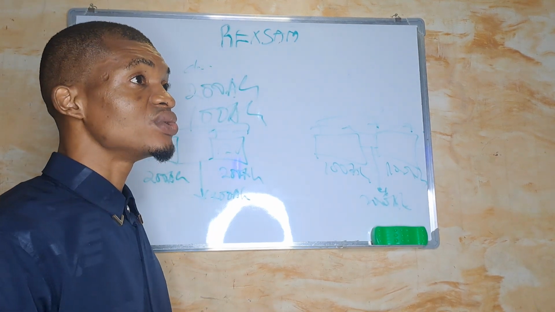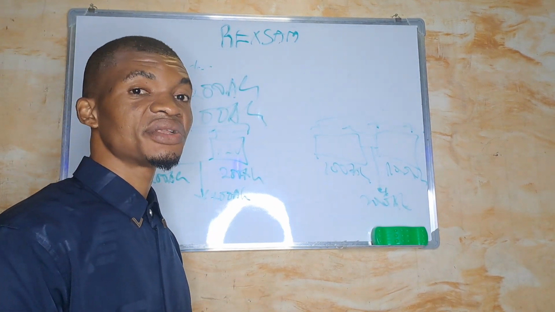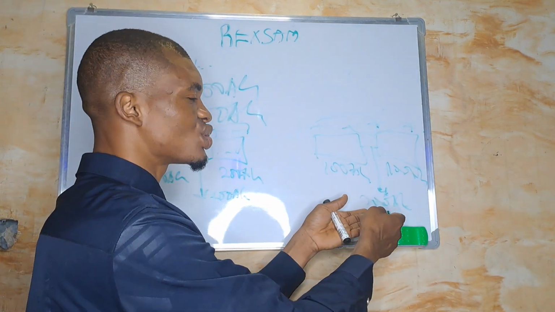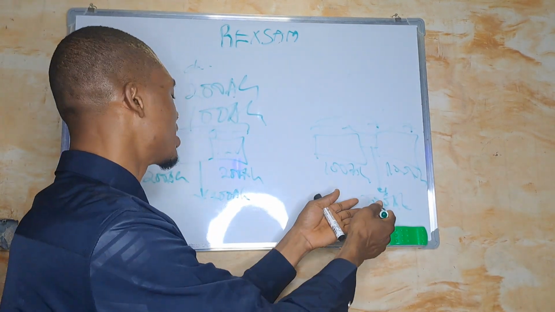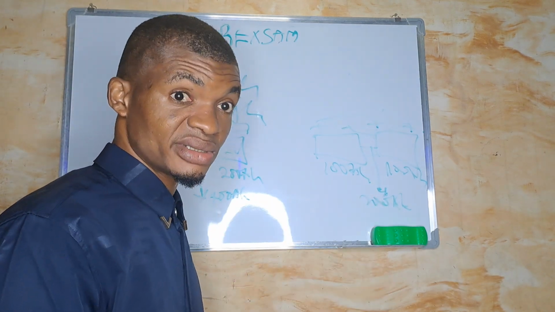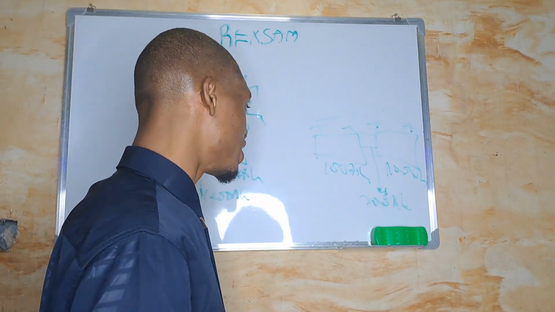And in doing so, you think you are going to get 600 amps, but the fact remains that you are not going to get 600 amps. Instead, you are going to have 200 amps the moment you run your connections.